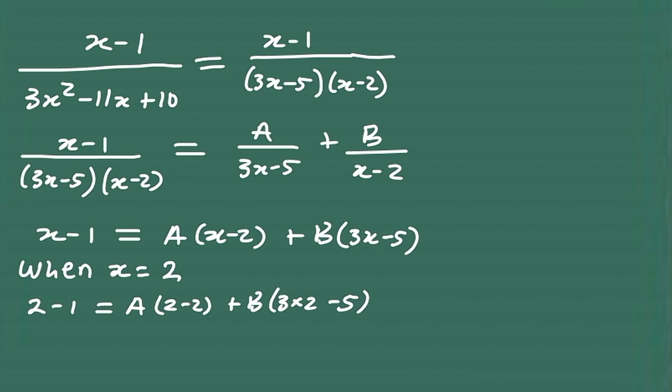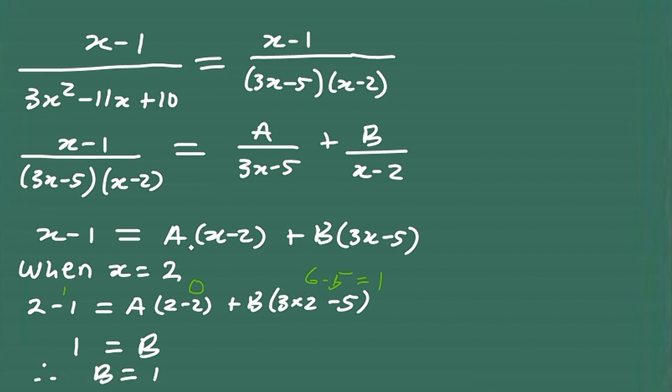So here we have positive 1, and 2 minus 2 is 0. 3 times 2 is 6, and 6 minus 5 is positive 1. So 1 equals 1 times b, which gives us b. Therefore the value of b is 1.